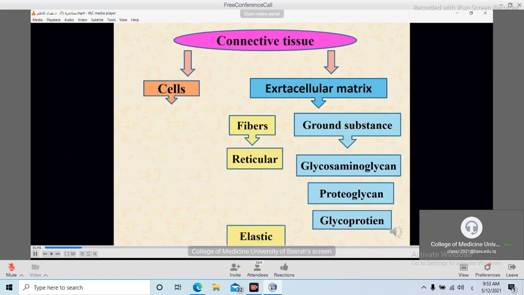Also, there are different types of fibers found in connective tissue, including collagen fibers, reticular fibers, and elastic fibers. These components form the basis of classification of connective tissue.